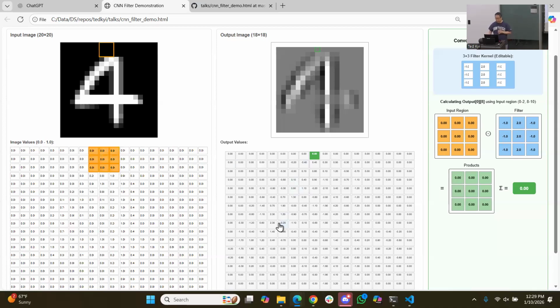Now, as a quick demonstration, this has -1s on the left, 2s in the middle, -1s on the right. If I wanted to make this into a horizontal detector, I can just do -1s on the top and bottom and 2s in the middle. I'll quickly change this.